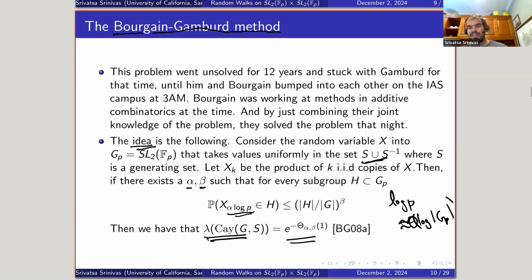The Bourgain-Gamburd method actually says the reverse, all right? So it says that if you actually escaped every subgroup with some probability, it doesn't matter what alpha and beta are, then I can actually take this result and reverse it and get that you actually have a spectral gap. So it's kind of like a reverse result.